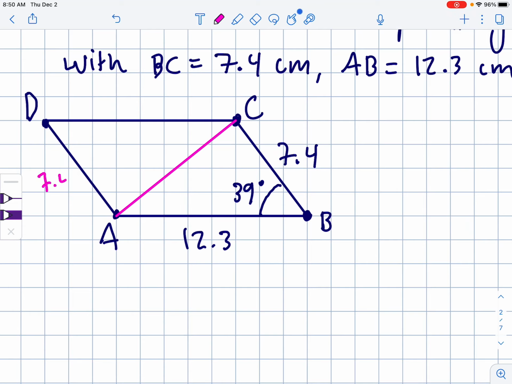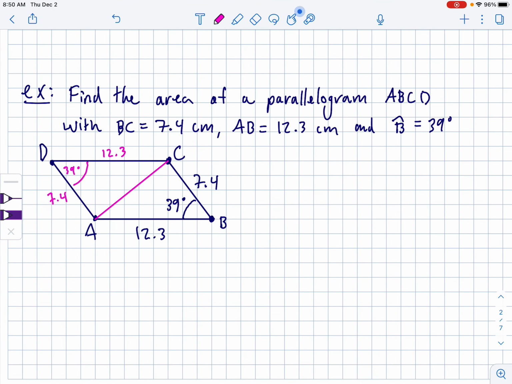They're identical because this is a parallelogram. So this will be 7.4 and this will be 12.3. And then the opposite interior angles of a parallelogram are also equal to themselves. So we just need to find the area of one of these triangles and double it.